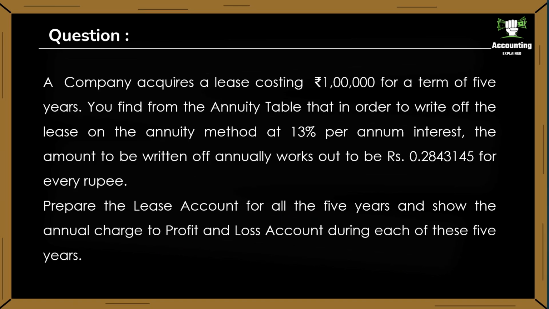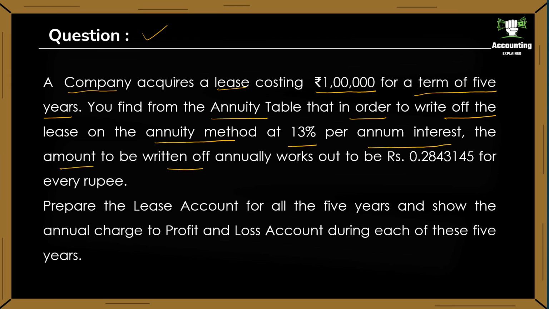I am going to solve a question on annuity method of depreciation. A company acquires a lease costing rupees 1 lakh for a term of 5 years. You find from the annuity table that in order to write off the lease on the annuity method at 13% per annum interest, the amount to be written off annually works out to be 0.2843145 for every rupee.